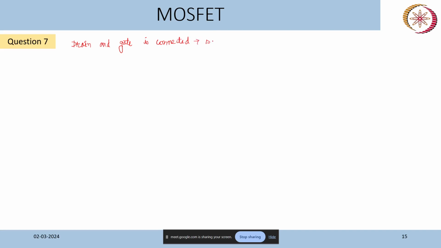So the device is in saturation region, and in saturation region the MOSFET drain current expression is ID equals half Kn times VGS minus VT squared.